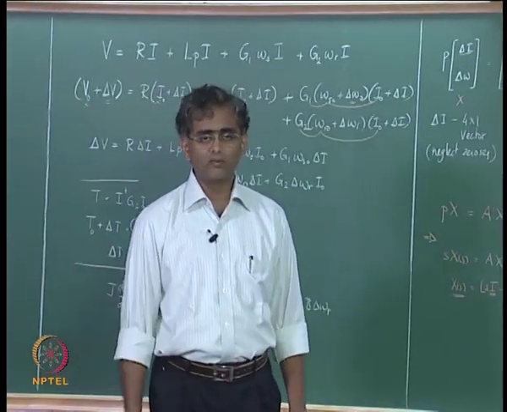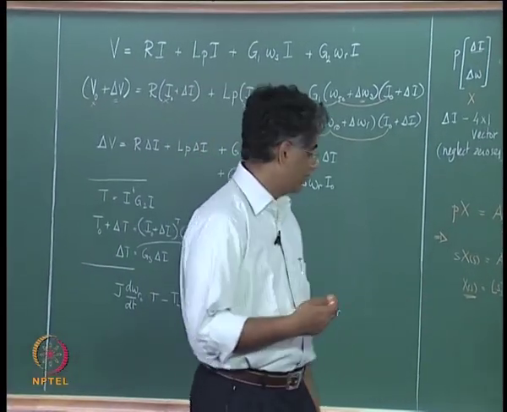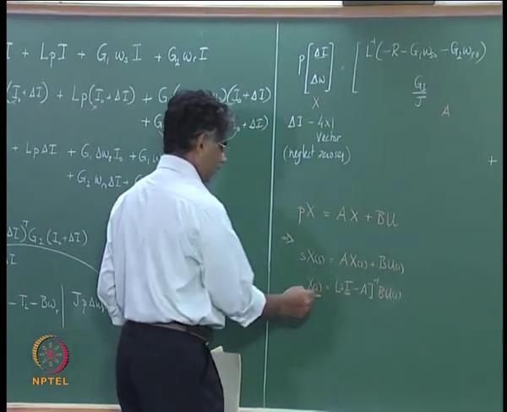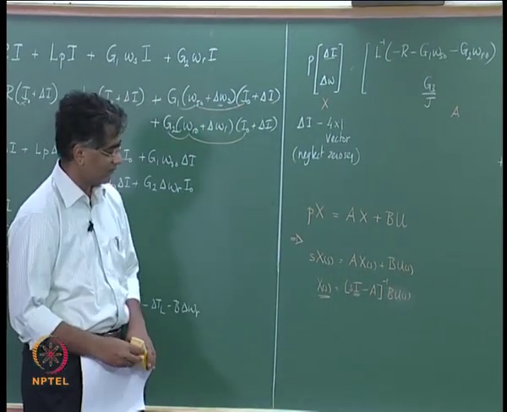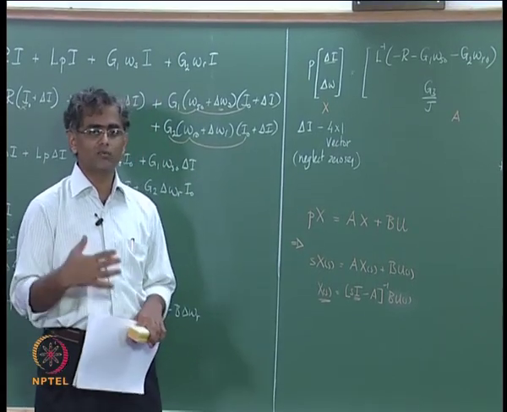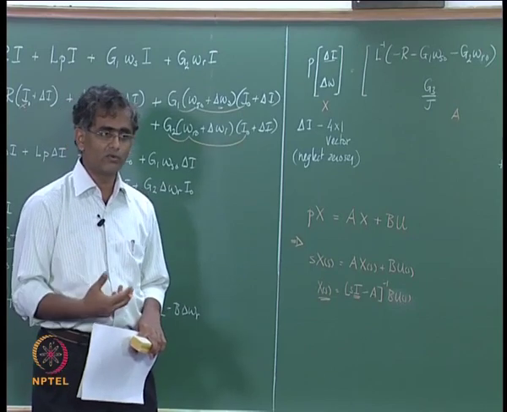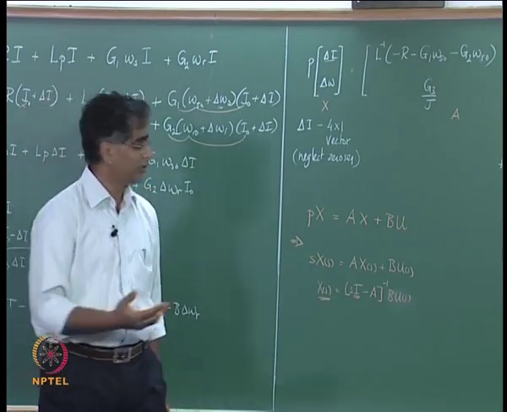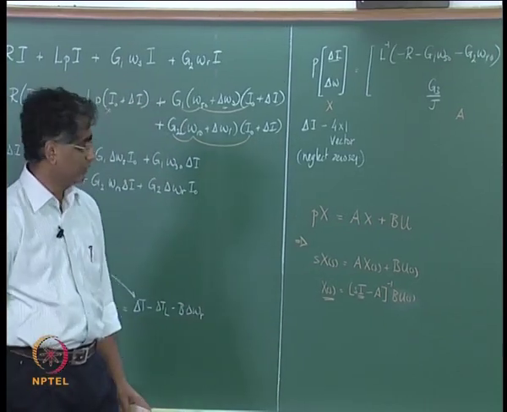You can then take the inverse Laplace transform, and for any given input u, you can find out what x is. That is what we have done in the case of DC machines and seen certain examples of what would be the response if you apply certain disturbances. Now that kind of an analysis can be done for the induction machine also.